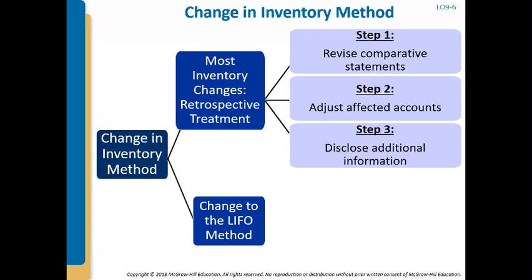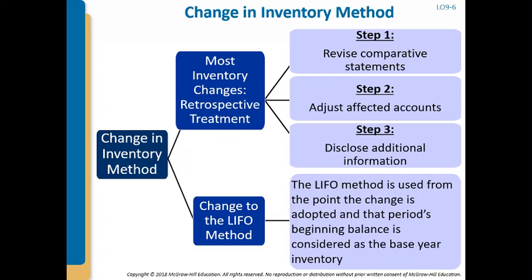The other thing you're going to do is make adjusting entries to any accounts that are affected. And then last but not least, you're going to disclose additional information, and like I said, we already talked about that.